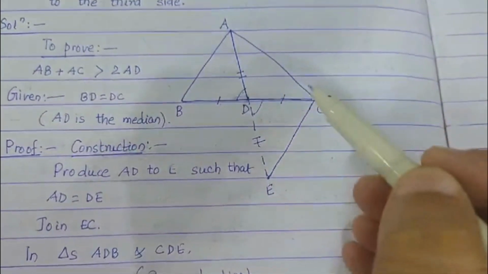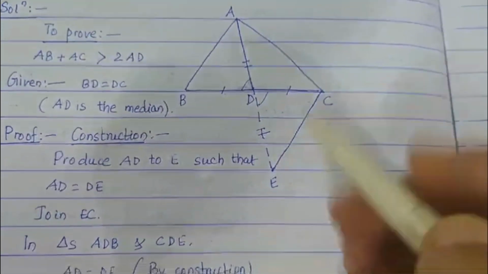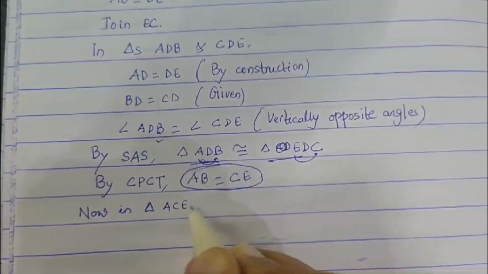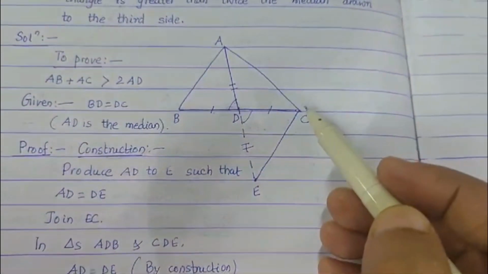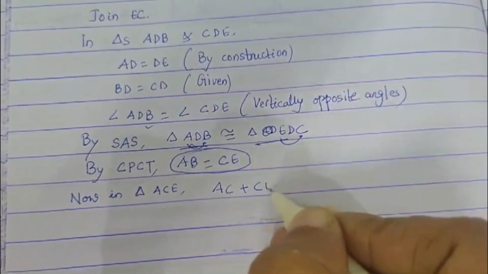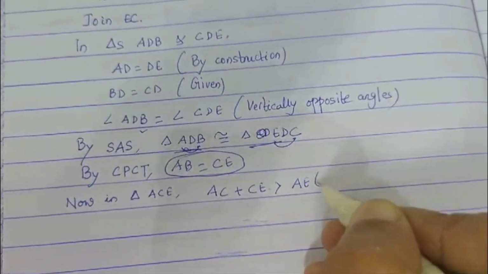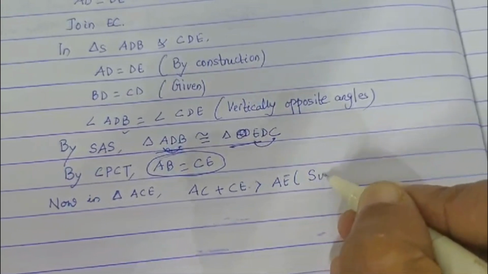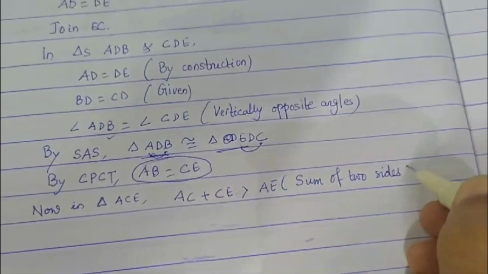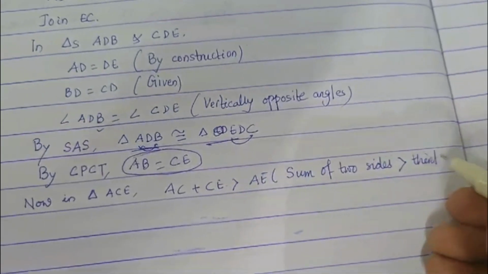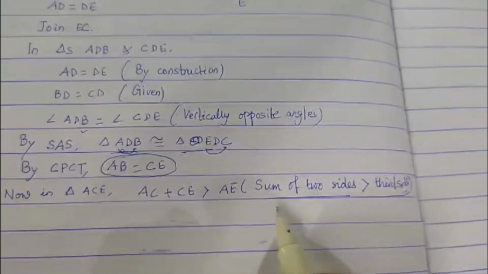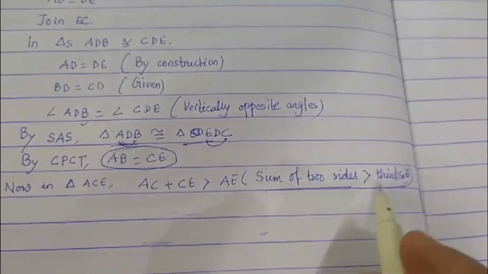Now in triangle ACE, we can write that AC plus CE is greater than AE, because the sum of two sides is always greater than the third side. This is a theorem we have seen, that in a triangle the sum of two sides is always greater than the third side.